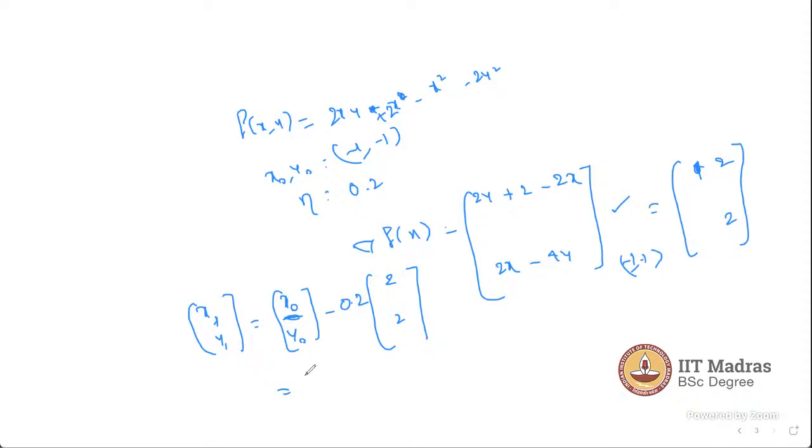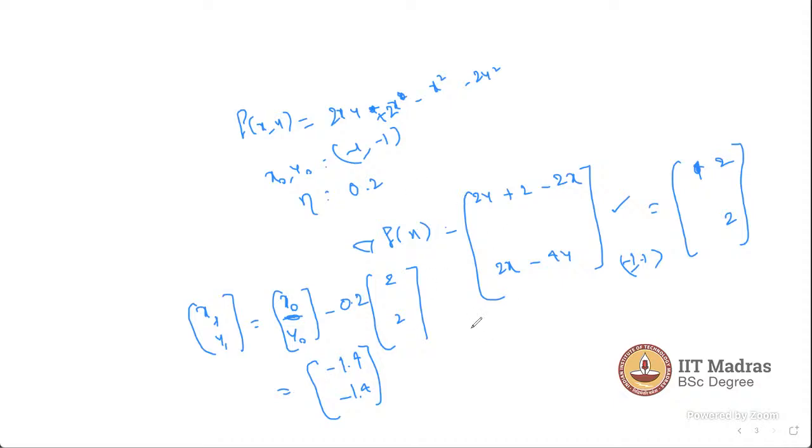This will give it as x0, y0 is -1. So this will give it as -1.4 and -1.4, right? So this is the value of x1 comma y1.